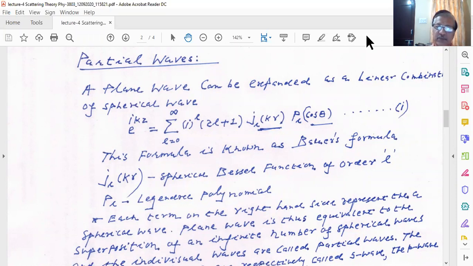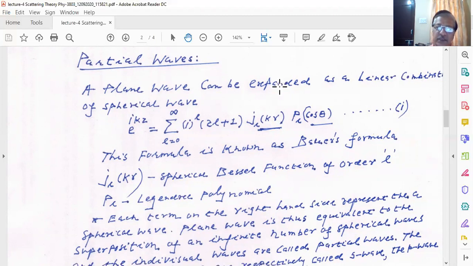You know that in lecture number 3, we studied plane waves and expanded a plane wave as a linear combination of spherical waves. So, a plane wave is equivalent to the superposition of an infinite number of spherical waves.